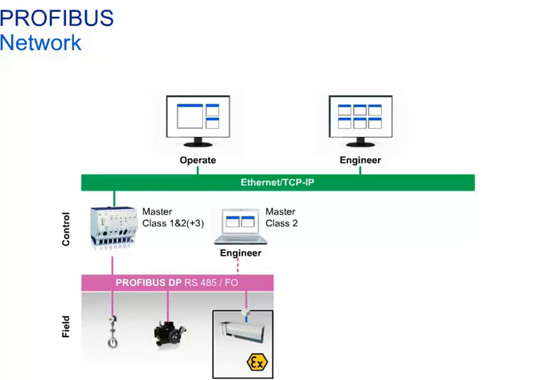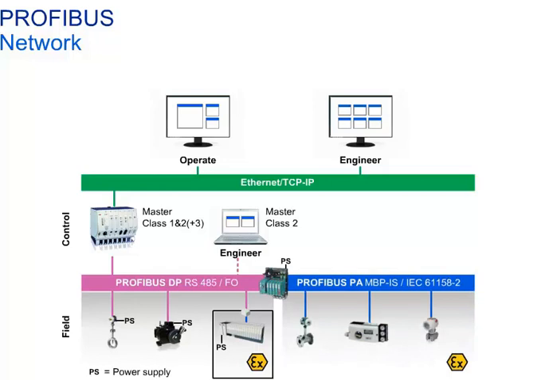A standalone tool, Class 2 master, can be optionally connected to the DP cable for acyclic reading and writing of the device parameters for all Profibus DP and PA field devices. In addition to the DP cable, a separate power supply must be connected to the Profibus DP field devices, virtually a 4-wire device.